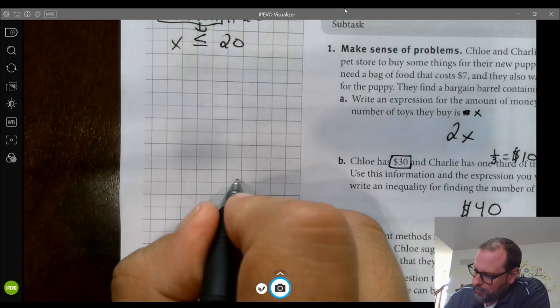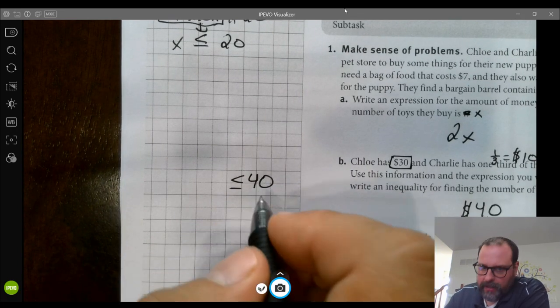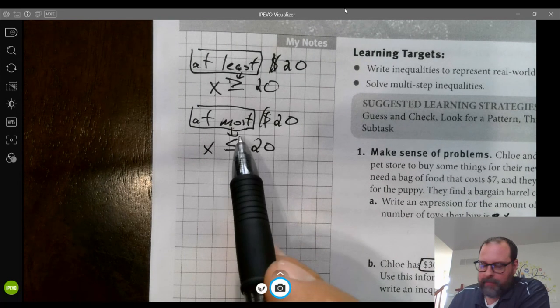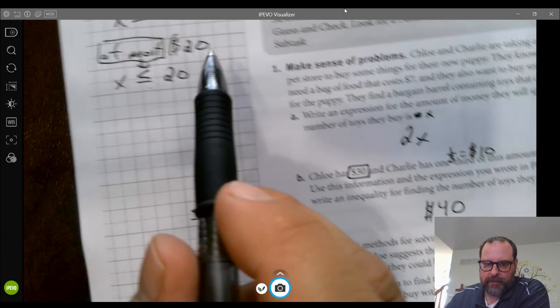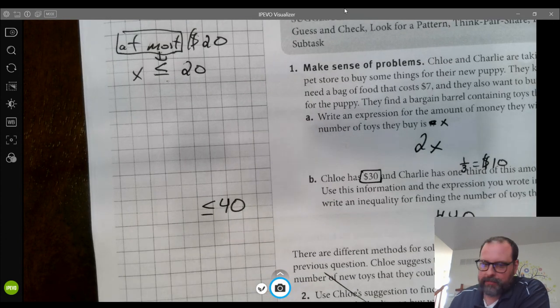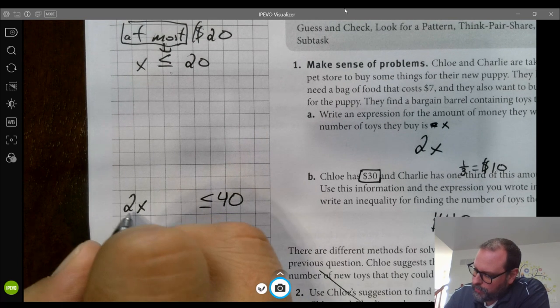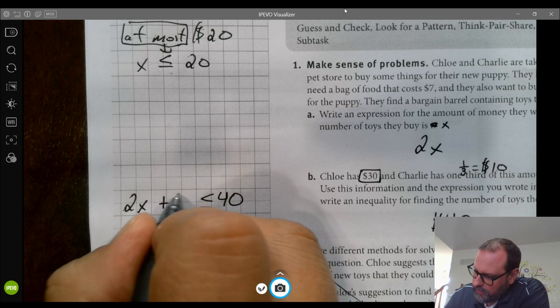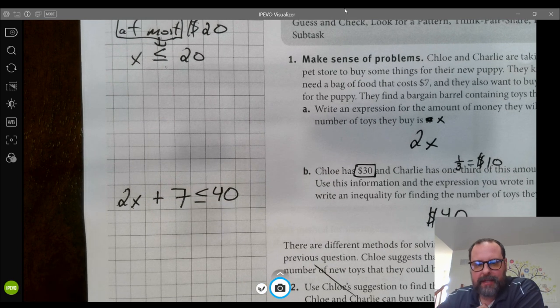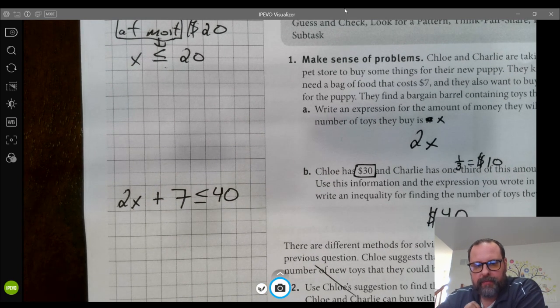You cannot spend over $40. So going back up top here, at most meant I can have less than or equal to. So whatever I have as my equation, I have to have less than or equal to $40. In this case, I know it's $2 per toy plus $7 for the bag of food that they had.